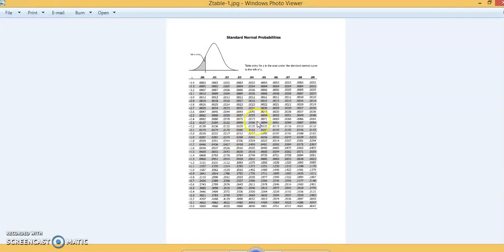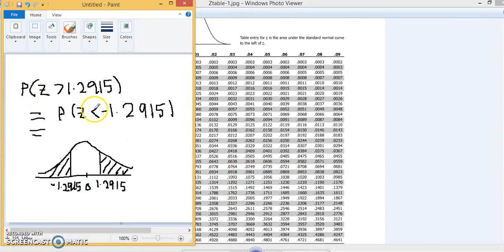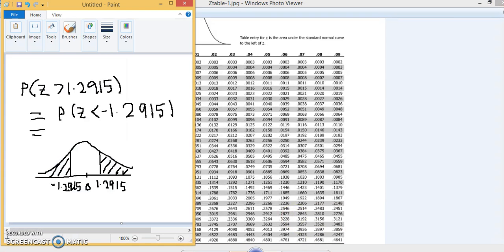By referring to the first graph, we want to find negative 1.2915. Negative 1.2 is here, and then 0.0015 is small, so we just round it off to 2 decimal points.